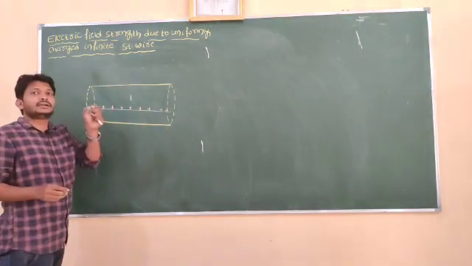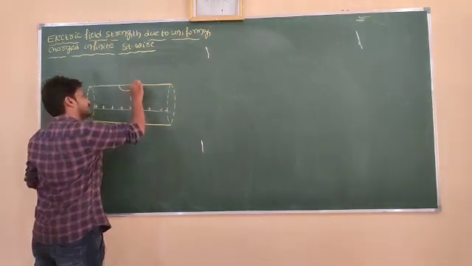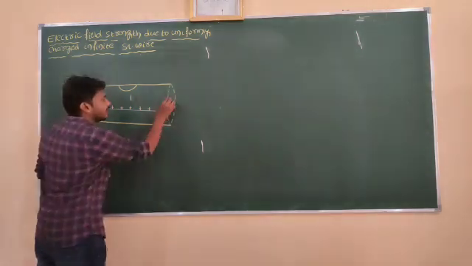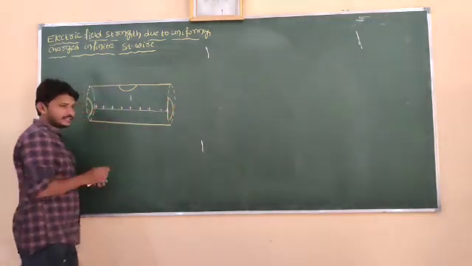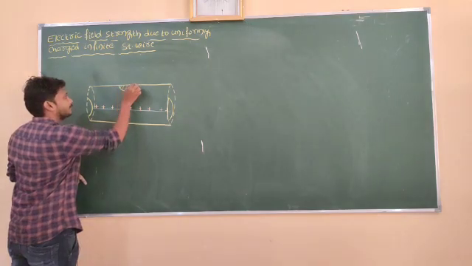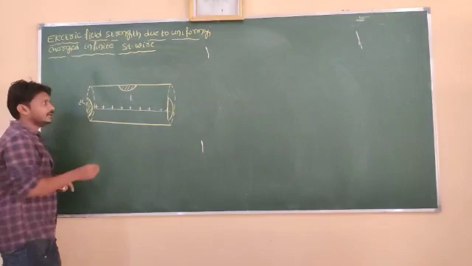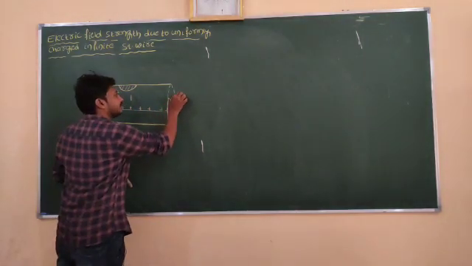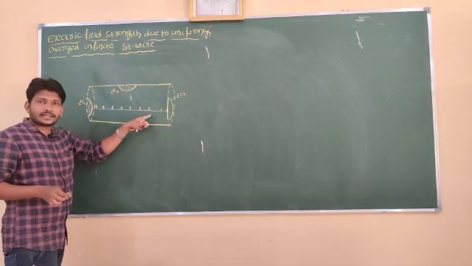I will take three Gaussian surfaces here: this is one Gaussian surface, this is another, and this is a third. So I took three surfaces here. This first one I will name dS1, this one dS2, and this one dS3.